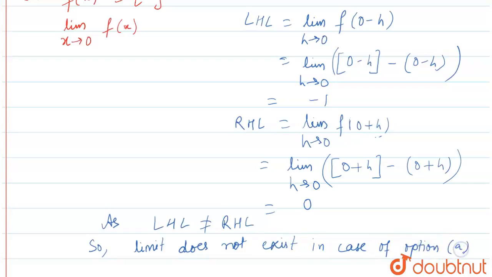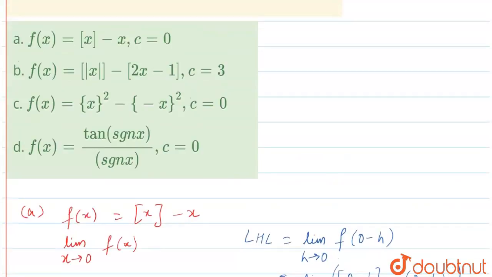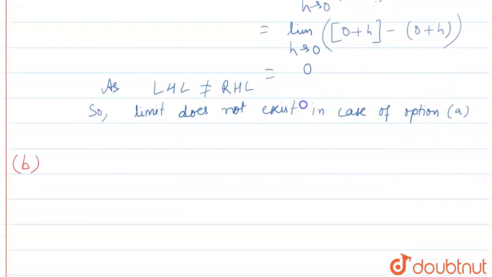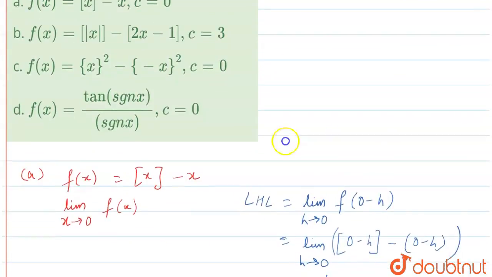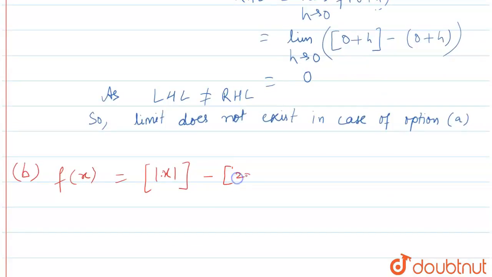Now coming to option B. Here we have f of x equal to greatest integer of mod x minus greatest integer of 2x minus 1, and we have to see for limit x tends to c.